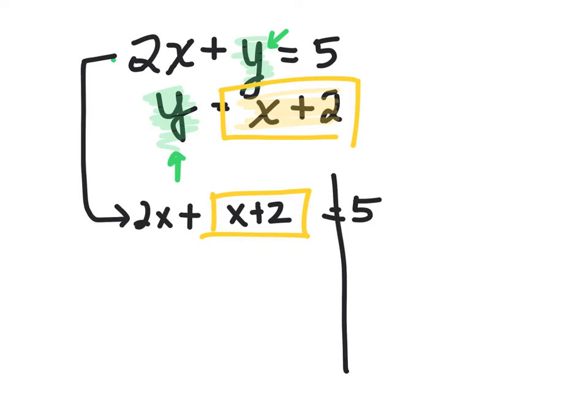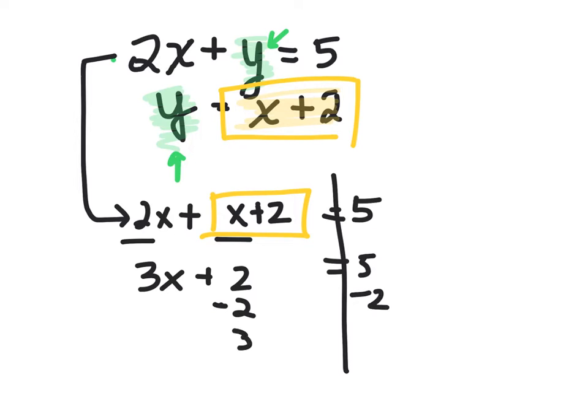Now I can solve for x by combining my like terms. 3x plus 2 equals 5. Subtract 2 from both sides. 3x equals 3. Divide both sides by 3 to get that x is 1.